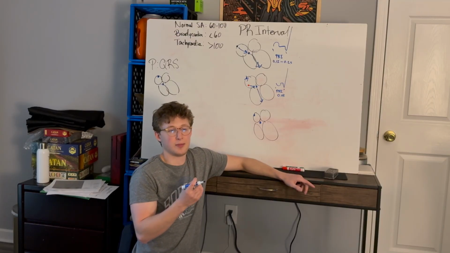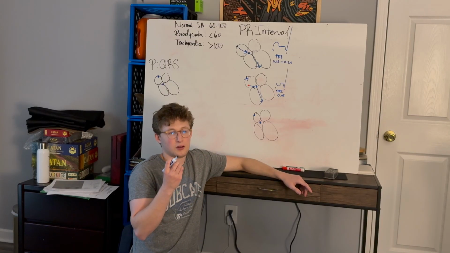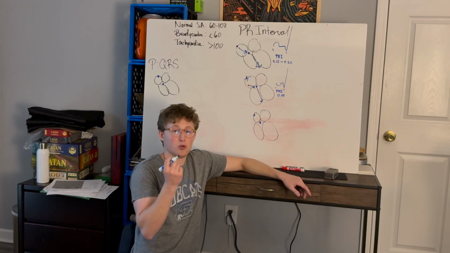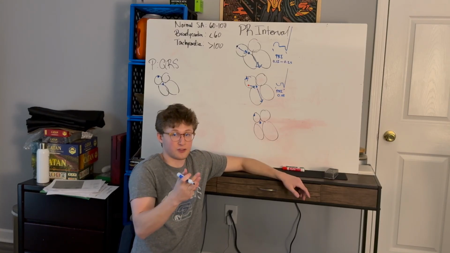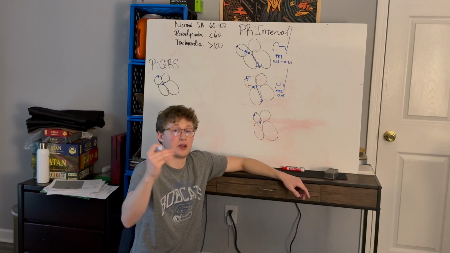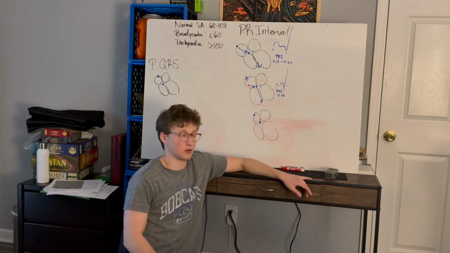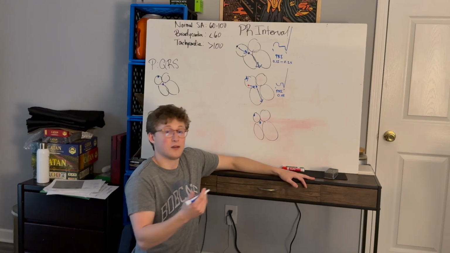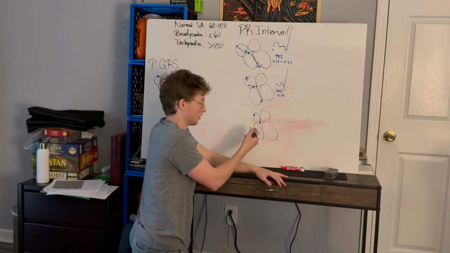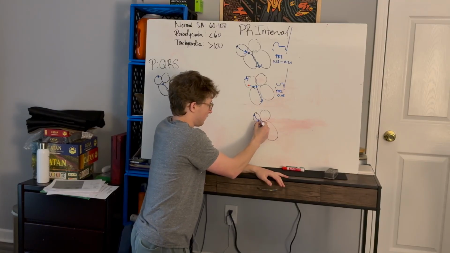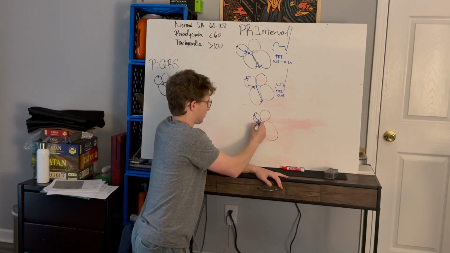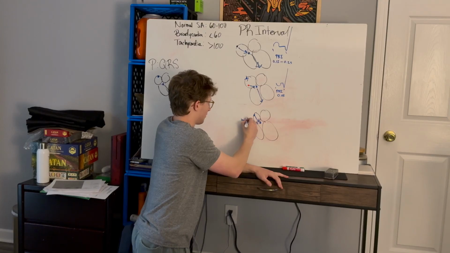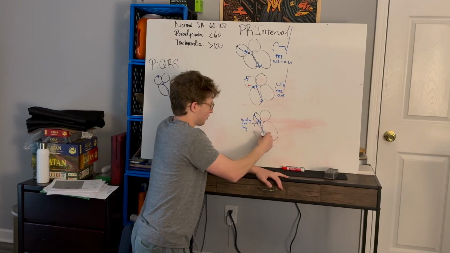This is an arrhythmia where the AV node is holding on to that impulse for too long, but it's doing it consistently, and it's still allowing it to get through to the ventricles. Again, we'll talk about that later, but for our case, the SA node is still firing normally, sending a signal through the atria to the AV node, but the AV node is holding on to it for too long. It's holding too long before it sends it down to the ventricles.